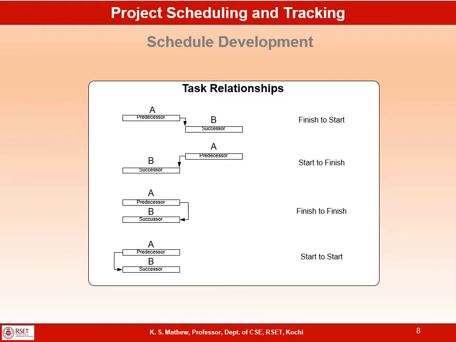If you look at a normal project, a construction project for example, you can start the brickwork only after completing the foundation. So between building the foundation and brickwork, there is a finish to start relationship. Brickwork can be started only after completing the foundation.